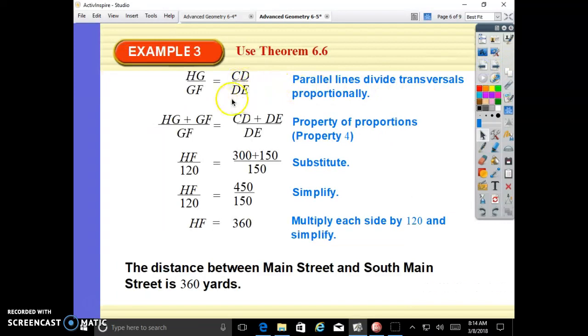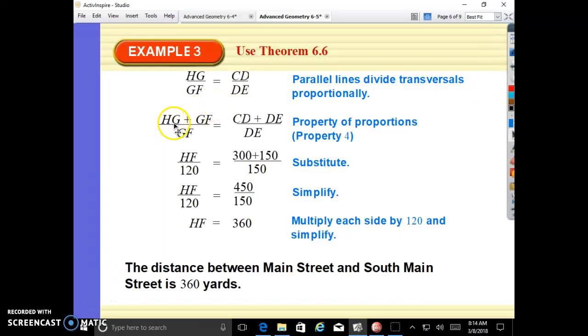All right, so did you guys see what they did? They did HG plus GF over GF equals CD plus DE over DE.